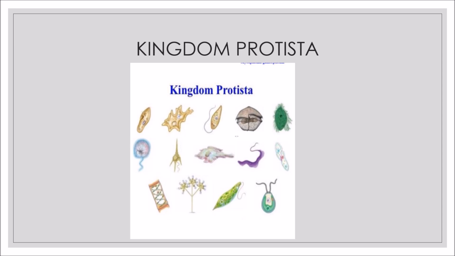That is why they are called a connecting link between kingdom Monera and the complex multicellular kingdoms like fungi, plantae, and animalia. The kingdom Protista includes chrysophytes, dinoflagellates, euglenoids, slime molds, and protozoans. These are some of the groups of kingdom Protista that we are going to see in detail now.